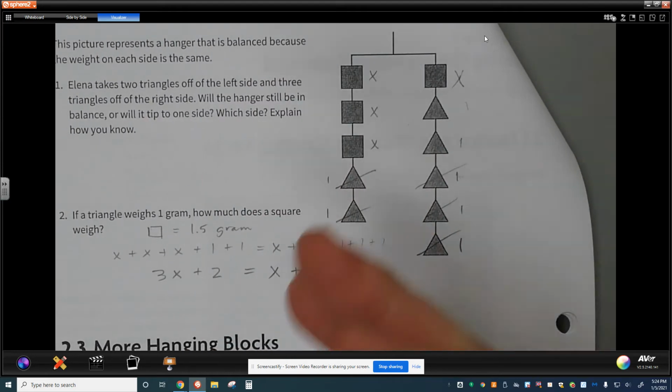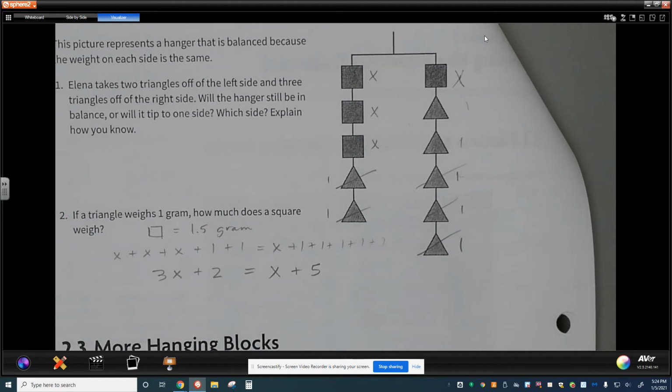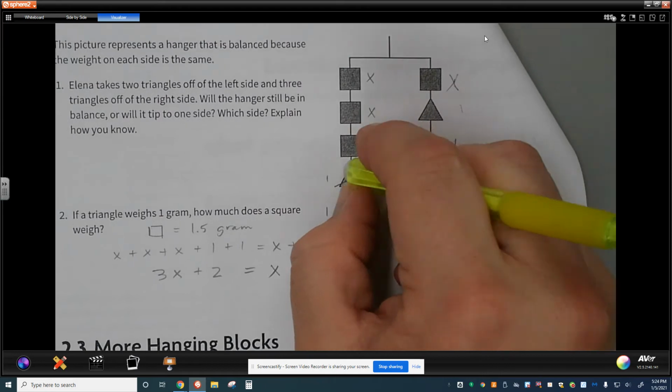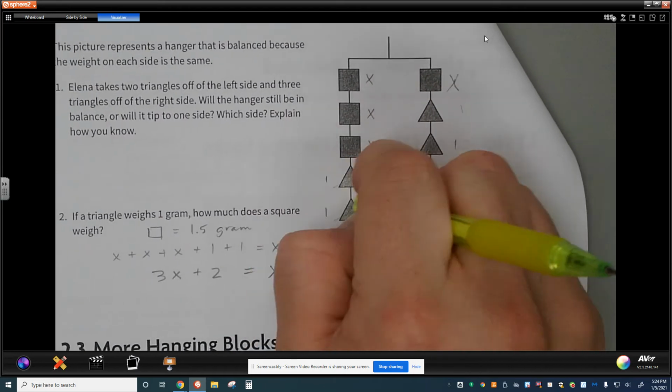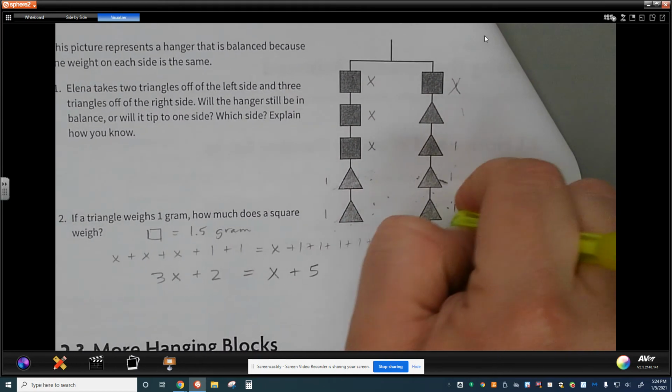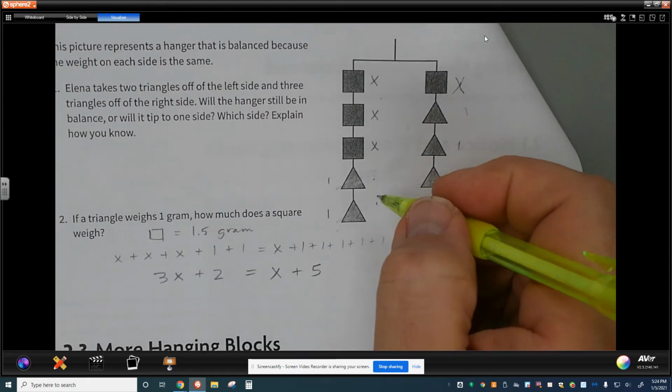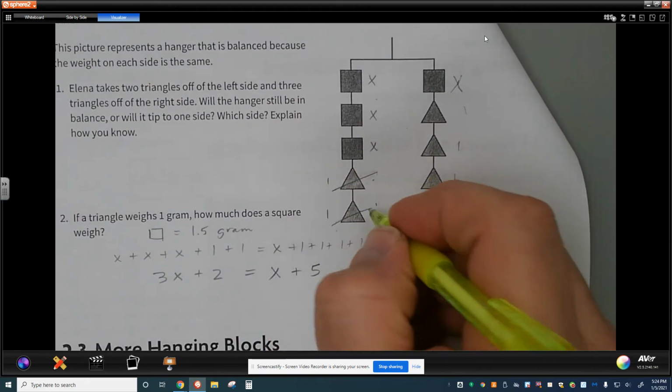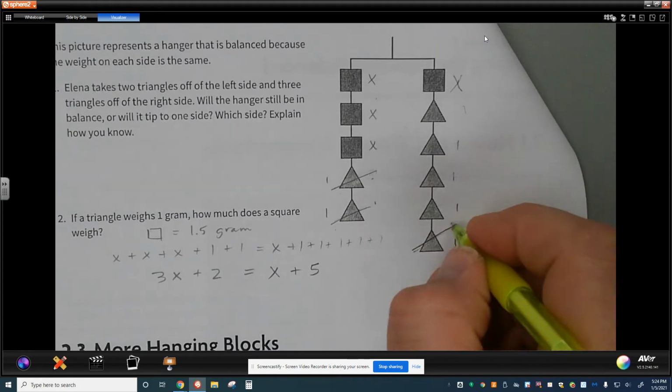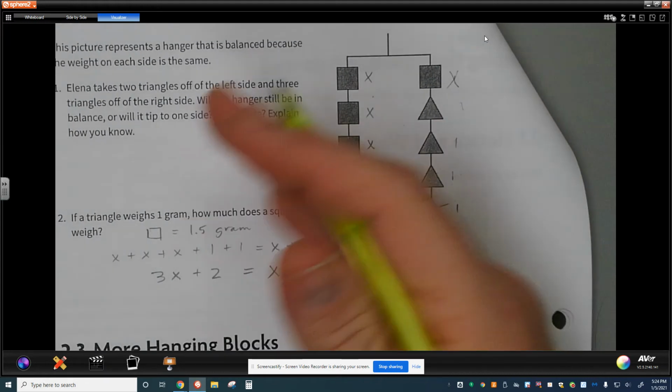So now the question, thinking about what I talked about earlier, is how could I maintain balance? Think about what we did earlier. Let's go ahead and get rid of these so we can find out how to keep this balanced. Well, if I take 2 triangles from the left, I would have to take 2 triangles from the right, and that would keep it balanced.